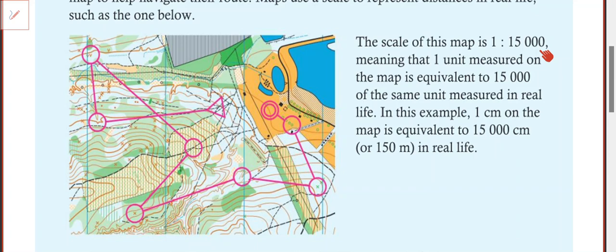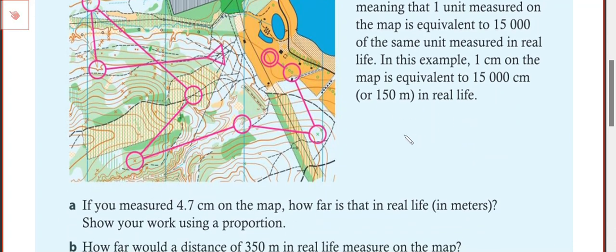Basically, it does shrink things down so we can draw them. But in this case, actually, let me write it. 1 centimetre will be 15,000 centimetres. Now that's on the map. This is in real life.